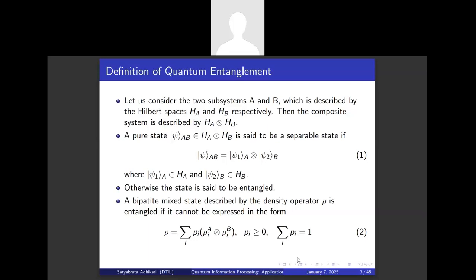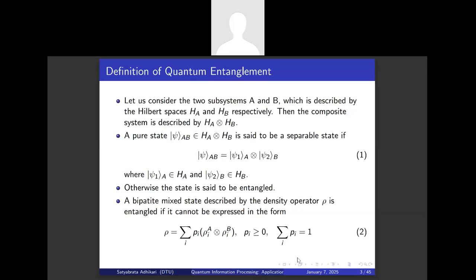And since we find at least one basis in which the given state cannot be written in this form, we can say that this state is entangled. Conversely, if we can write the given state in this form for every basis, then we can say that this state is a separable state.